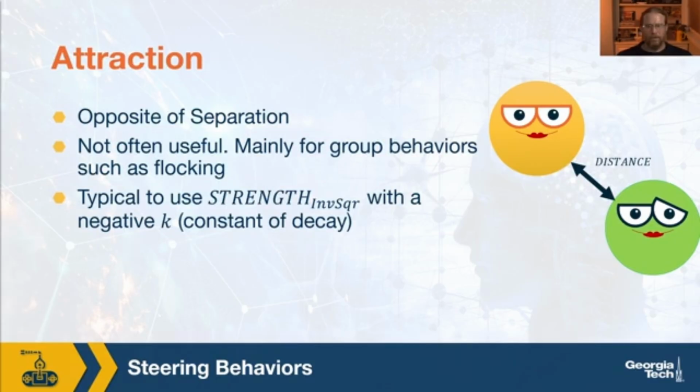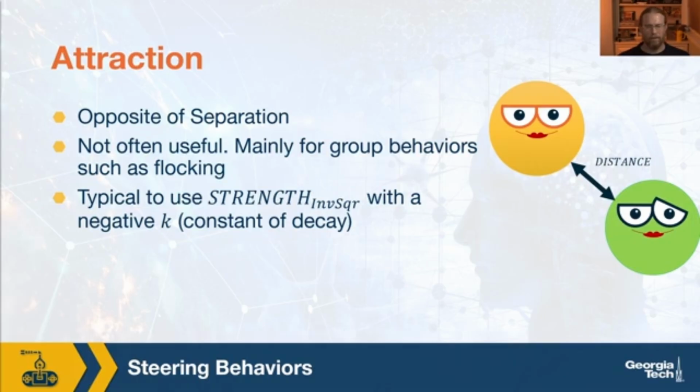So we could also create an attraction steering behavior. So it's the opposite of separation. It's not often useful. Mainly you would use it in a flocking group behavior. We'll look at this when we discuss group behaviors. But in this case, we'll use the inverse square with a negative k, or constant of decay.